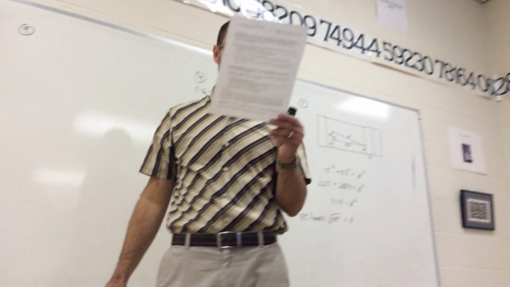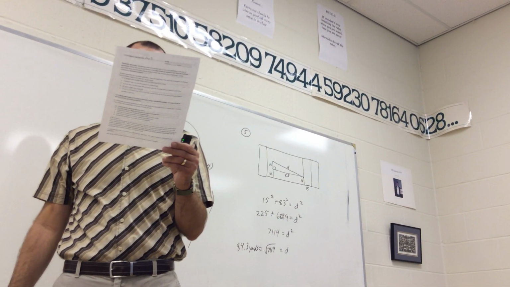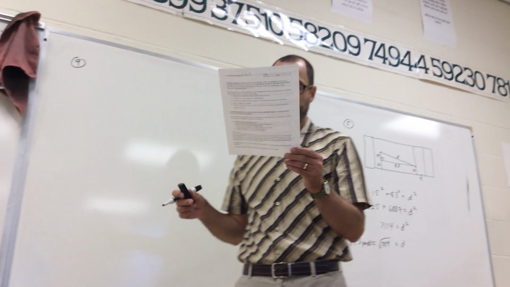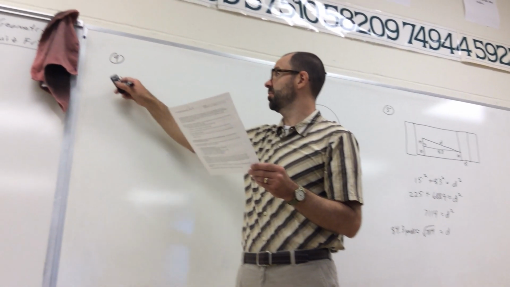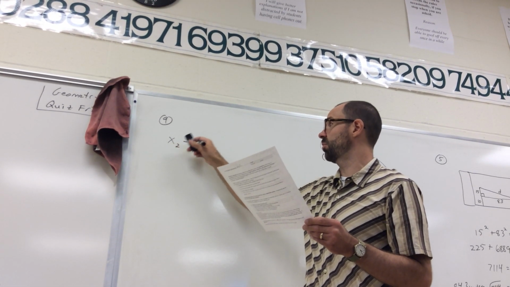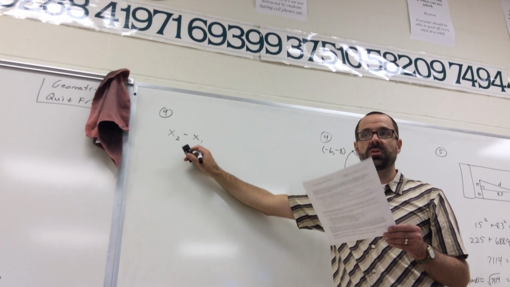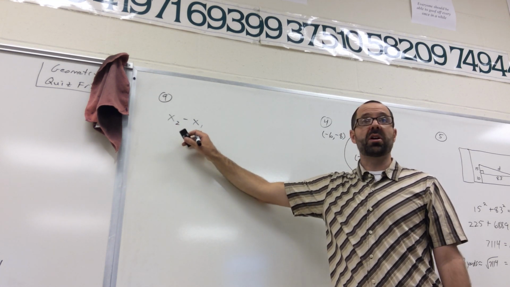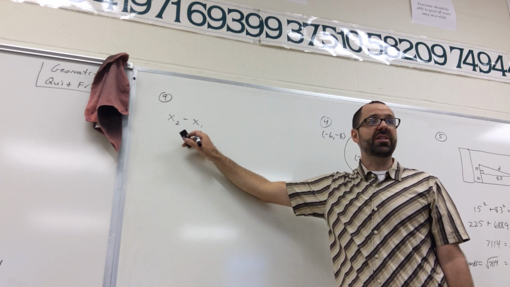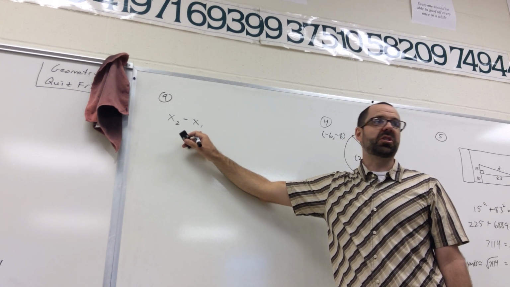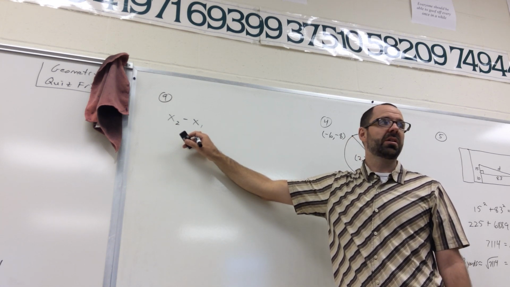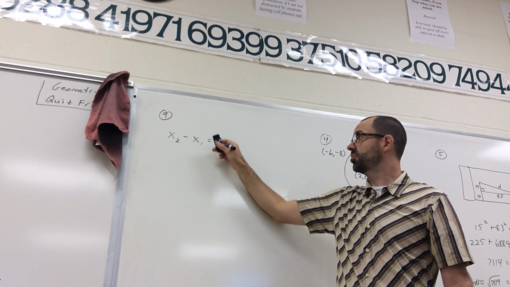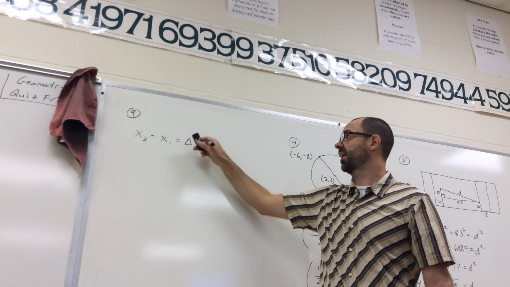So for example, if you subtract 2 x's, you could write that as delta or triangle x. When you subtract 2, usually we do x2 minus x1 instead of x1 minus x2. Like if x2 is 6 and x1 is 2, then the change is 4. If it changes from 6 to 2, then the change is 4. So when you subtract, you get what's called the change in the x value.